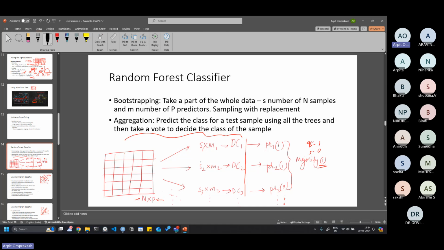So this whole process of dividing our data into different subsets and then training on those subsets is called bootstrapping. Then the next step, aggregation, is used when we are predicting. When we are predicting, we take predictions from each of the decision trees and then take the majority vote. Right. One thing to remember is that this bootstrapping is done with replacement. So whenever we are picking a sample, we are putting it back in and then picking again.